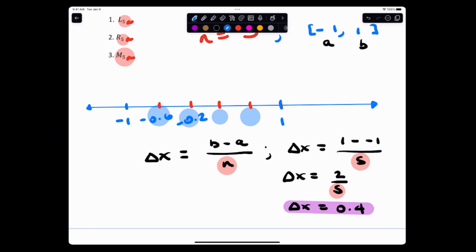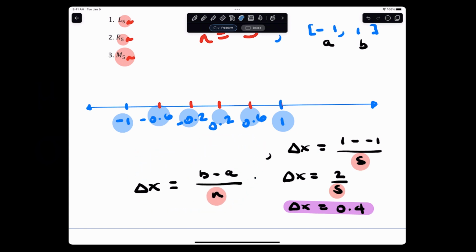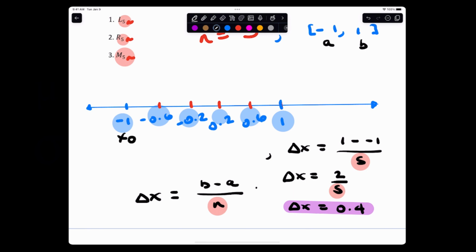Add another 0.4, positive 0.2. Add another 0.4, 0.6. And if you were to add another 0.4, does it make sense that that would be 1? Yep. So you're looking at the 5 partitions here, where this would formally be known as x0, x1, x2, x3, x4, and x5.